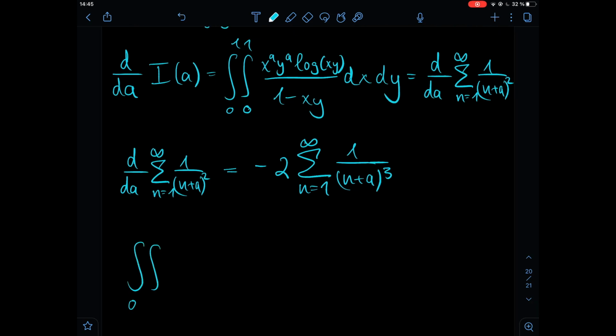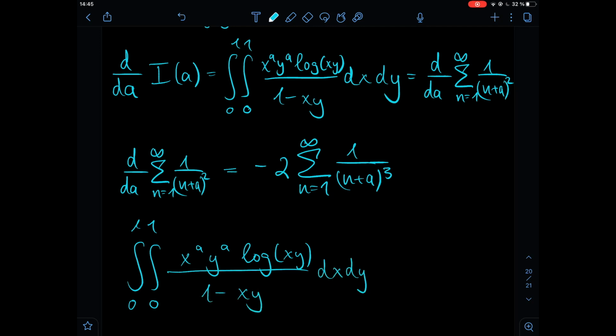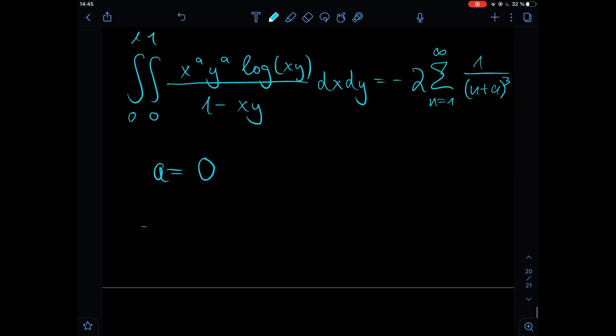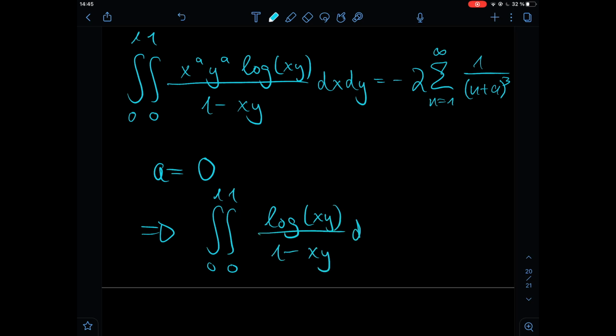So this means that the double integral from 0 to 1 of x^a y^a log of xy divided by 1 minus xy dx dy is equal to minus 2 times the infinite sum over 1 divided by (n+a) to the power of 3. And all we have to do now is set a equal to 0, and then we get the result that we actually wanted, that the double integral of log xy divided by 1 minus xy dx dy is equal to minus 2 times the zeta function of 3.